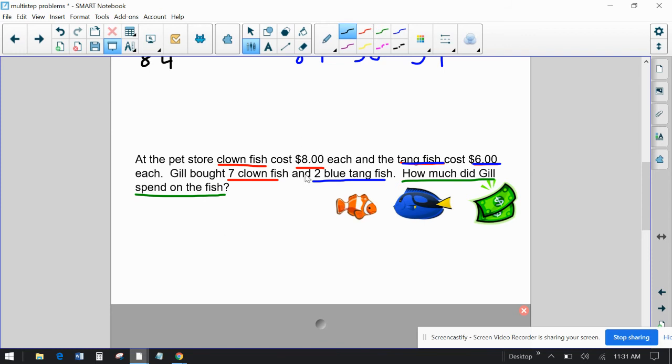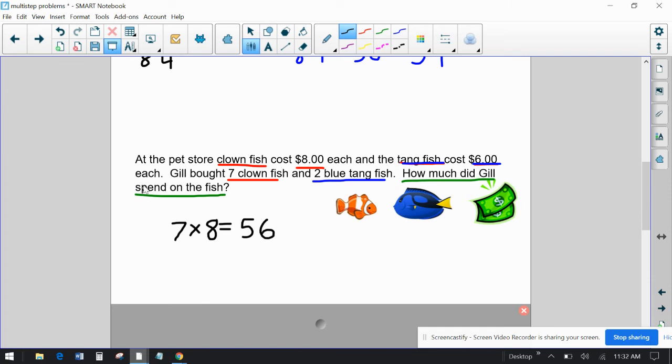So in order to do that, each clownfish is $8 and there's 7 of them, well, that's a repeated addition. 8 for 1 clownfish, 8 for 2, 8 for 3. And we're going to go all the way up to 7. So that's actually 7 times 8. And that's a math fact. And I remember 5, 6, 7, 8. That's 56. So Gil spent $56 on the clownfish.